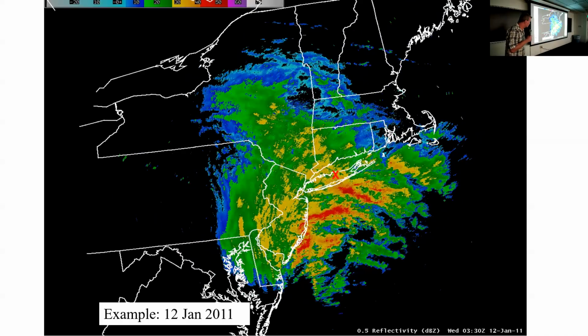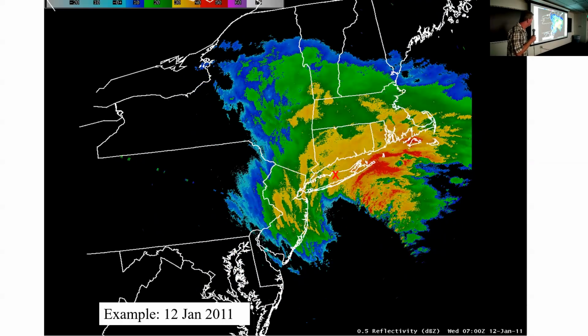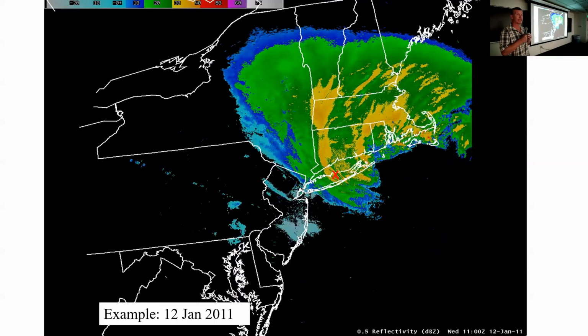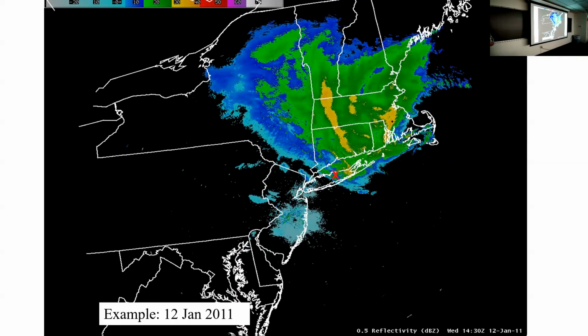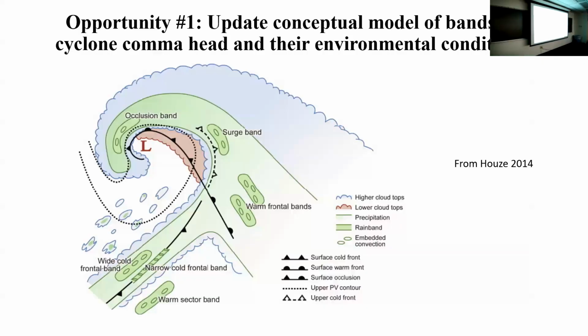The goal is to try to understand the environments and what controls and forms a lot of these structures. There are conceptual models, and a goal of this project is to improve these conceptual models. This is work of Philip Yeh. Basically, this is from House's textbook, so to speak.